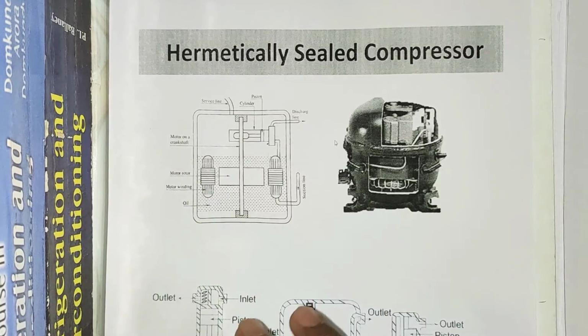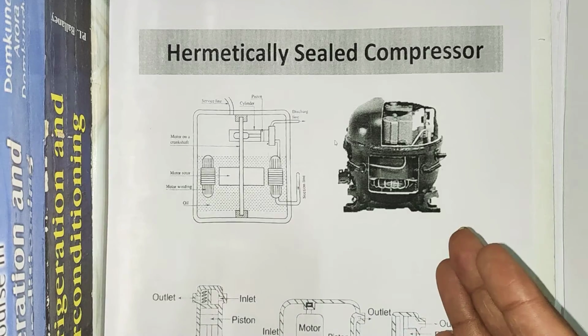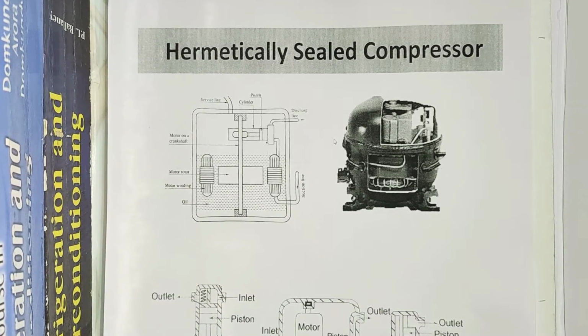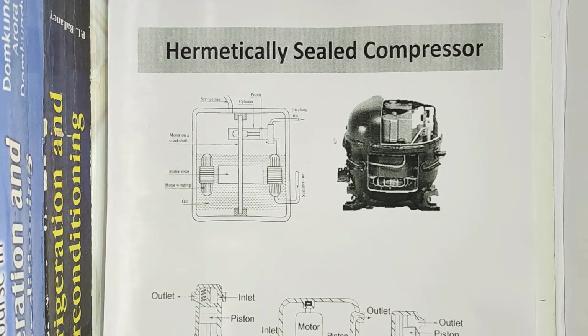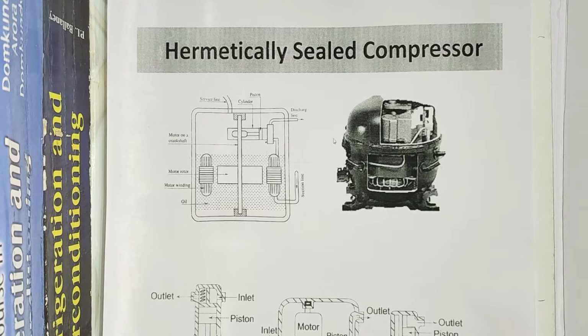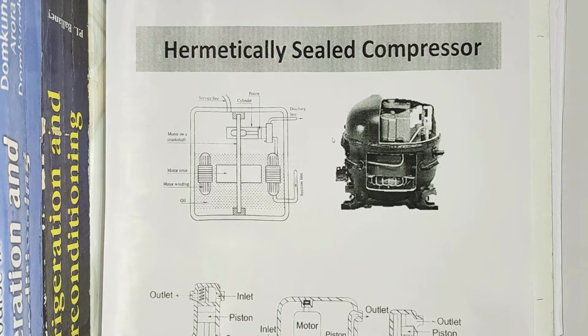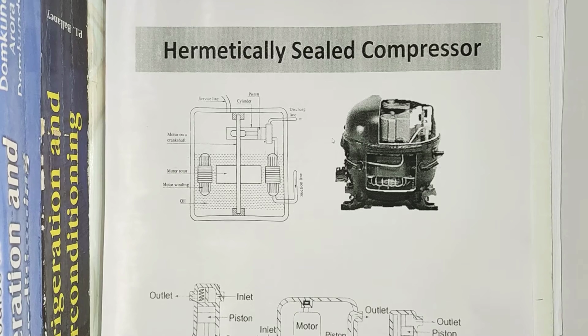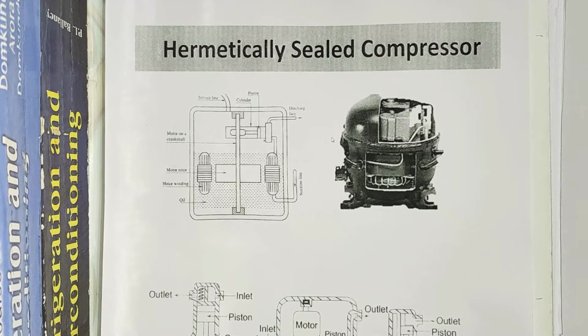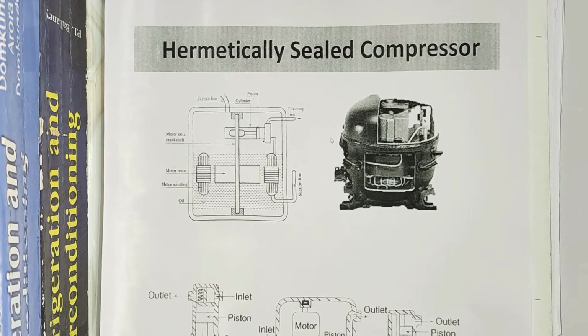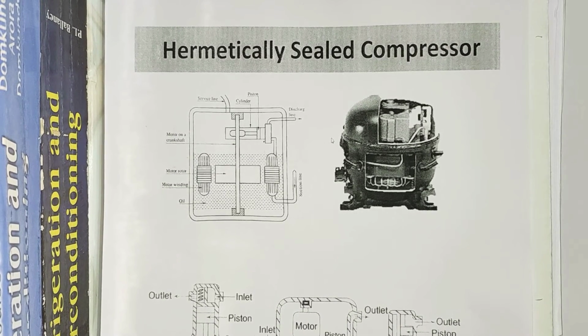All these classifications, whether open type, hermetic type, or semi-hermetic type, are made on how the compressor unit and the motor drive are situated in relation to the gas, or the vapor, or the working fluid that is to be compressed or being compressed. On the basis of that arrangement of motor and compressor, the industry name of some compressors is given as hermetically sealed, some as semi-hermetic, or some as open type.